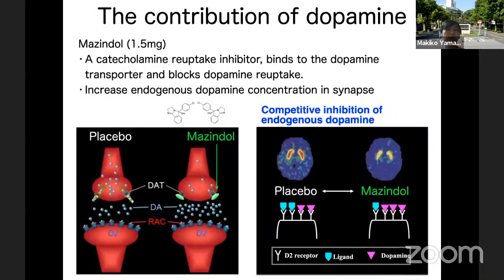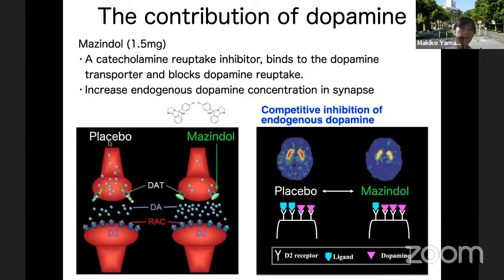And in another study I'm going to introduce, we used Mazindol, a catecholamine reuptake inhibitor that binds to the dopamine transporter in the presynapse and blocks dopamine reuptake.